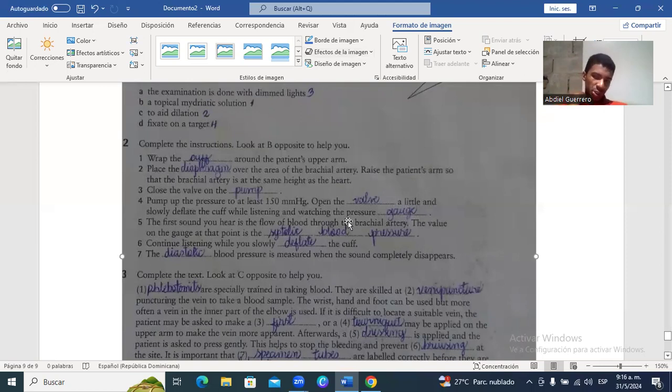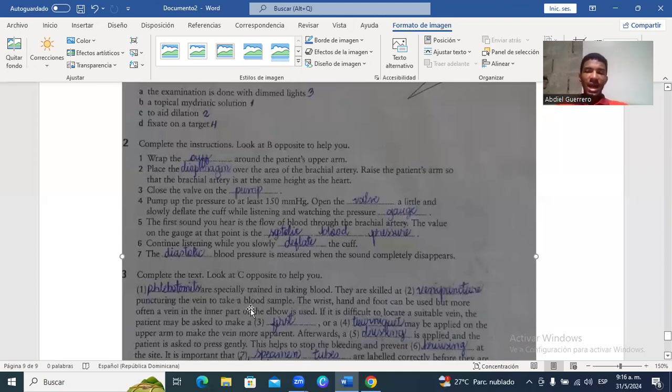Then measure. Open the valve a little and slowly deflate the cuff while listening and watching the pressure gauge. The first sound you hear is the flow of blood through the brachial artery.